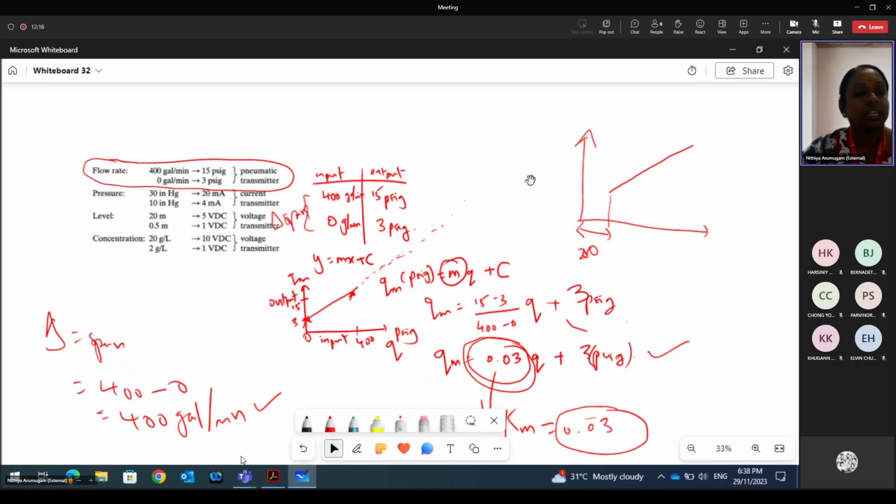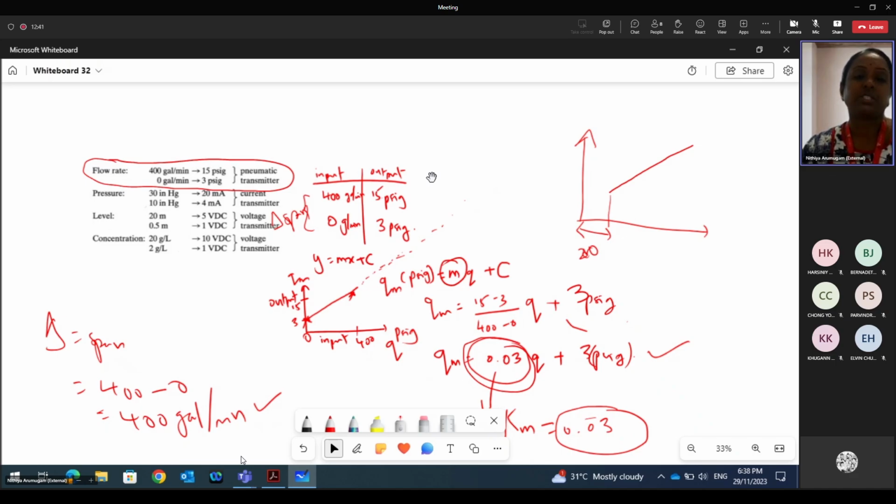Okay, the similar thing will be for all the transmitters given here, current transmitter and voltage transmitter. All you need to do is find out which one is the input and which one is the output, and then plot the output versus input graph, and from the graph come out with a linear equation.